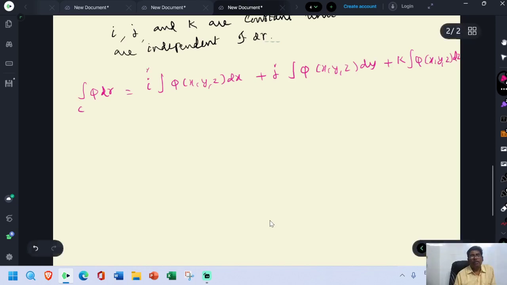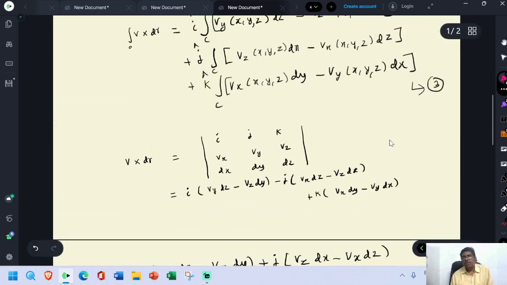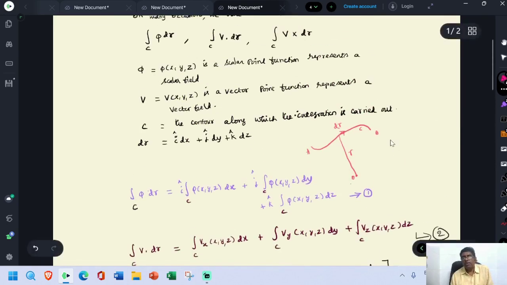This is the value of phi dr. If we put phi equal to 1, then the contour integral of phi dr is equal to integral dr. This describes the motion of the particle from the point A to B on the curve.